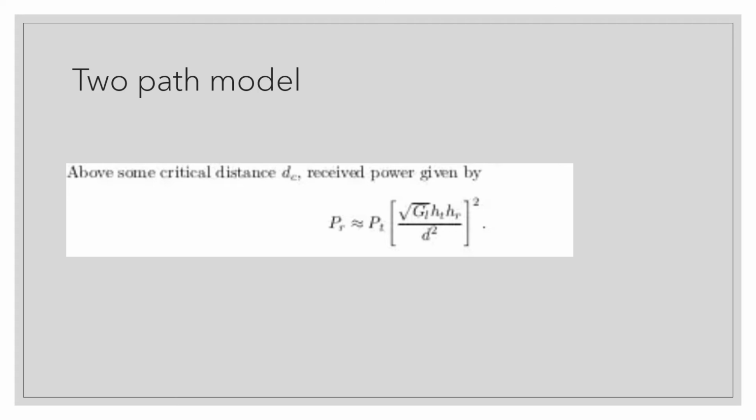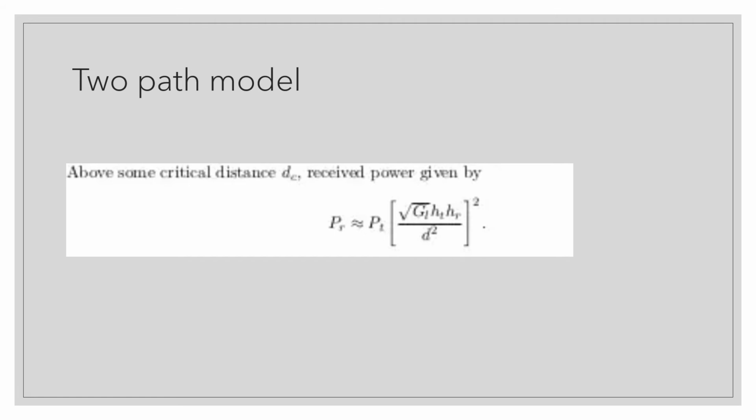In the two-path model, there is one line-of-sight path and one reflected path, and at small distances, power falls off proportionally to the free space loss on both paths.